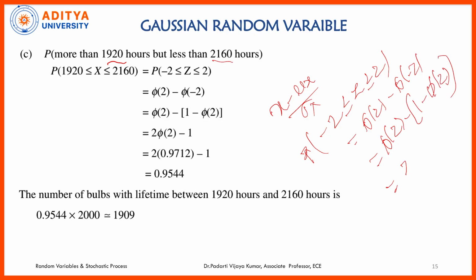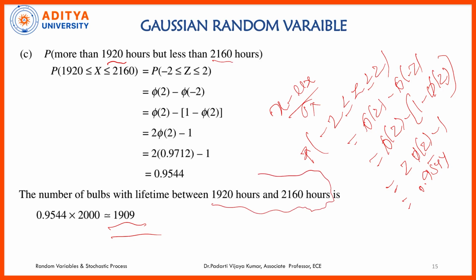So, we will get 2 into phi of 2 minus 1, which is 0.9544. Now, we calculate the number of bulbs with lifetime between 1920 and 2160 hours, which is 1909.